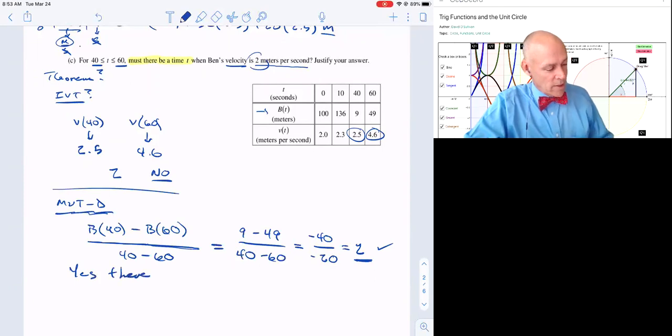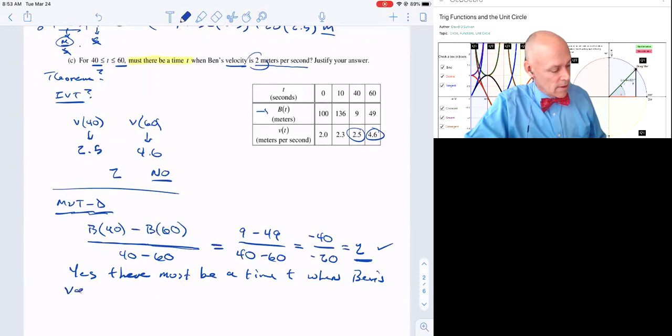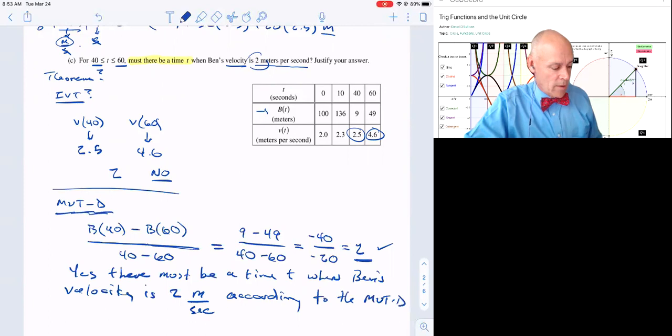And here I'm just going to restate the problem back and just say yes, there must be a time t when Ben's velocity is 2 meters per second, according to the mean value theorem, MVT for derivatives.